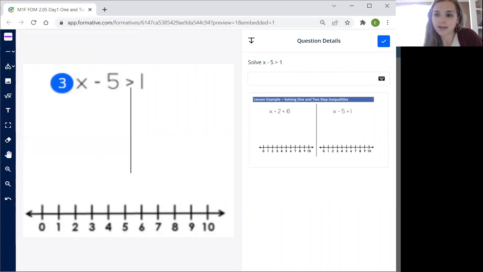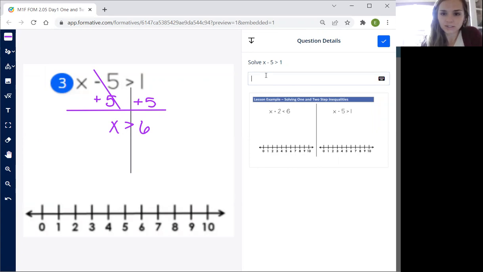And then I'm trying to get x by itself. So the opposite of subtract 5 would be to add 5 to both sides. Then the -5 and +5 cancel each other out. And I'm left with x is greater than 6.